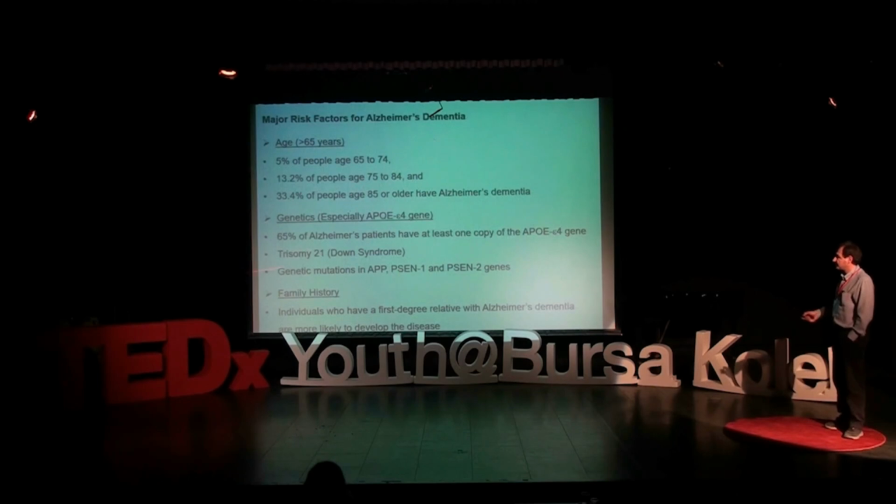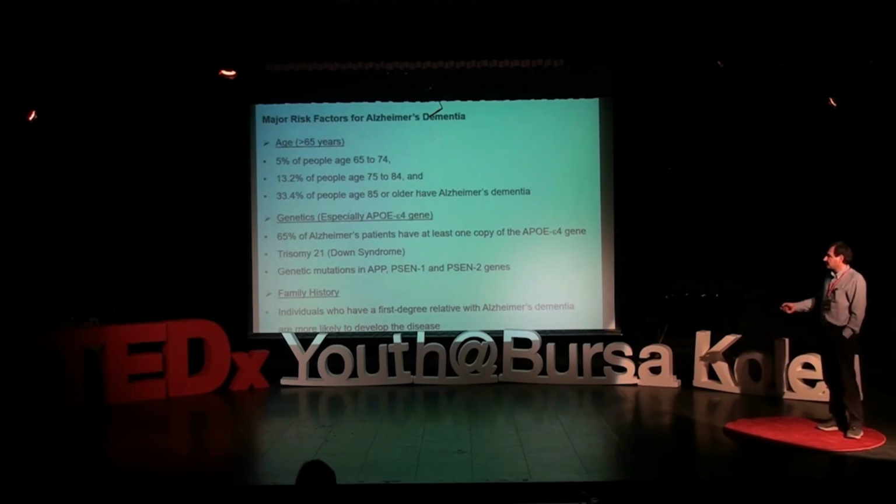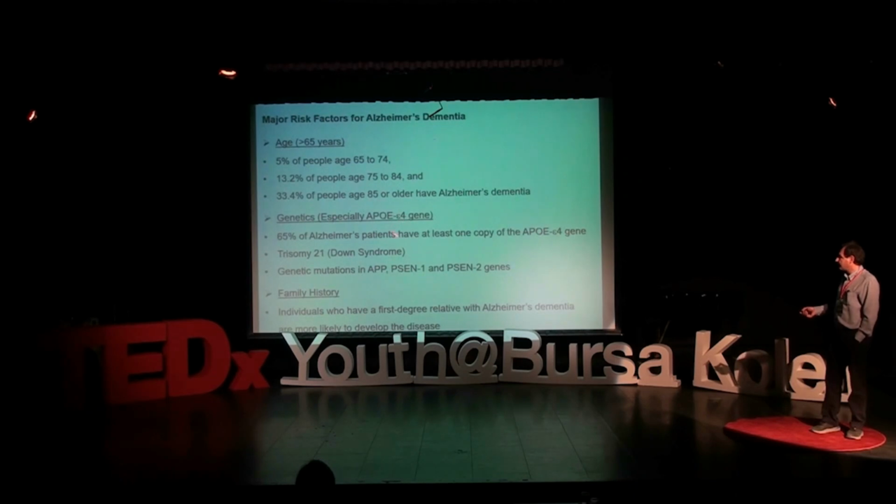Another important factor is genetics, especially the ApoE gene with epsilon 4 allele. 65% of Alzheimer's patients have at least one copy of the ApoE gene with epsilon 4 allele. Also trisomy 21, Down syndrome.